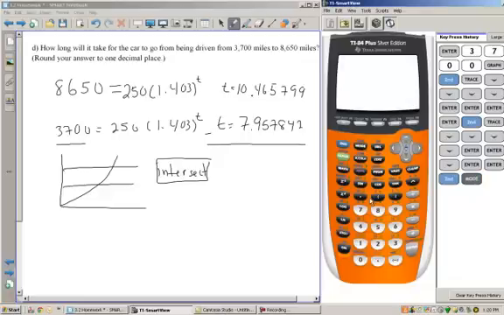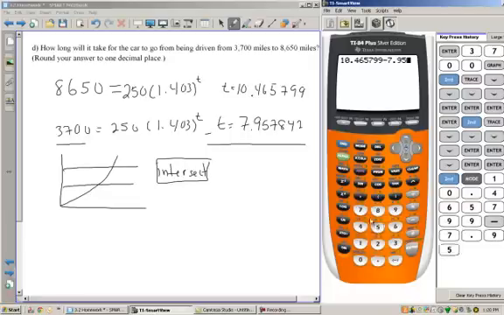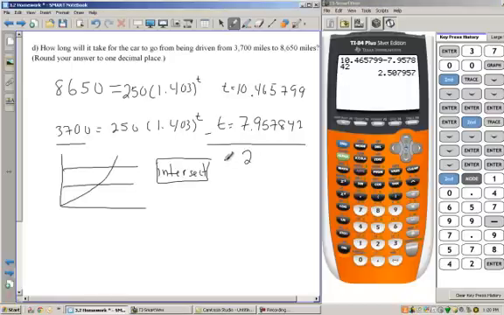So on the next menu, I just clear it out, and then I can hit 10.465799 minus 7.957842. Hit enter, and I get about, since it's one decimal place, 2.5 months, so about 2.5 months.